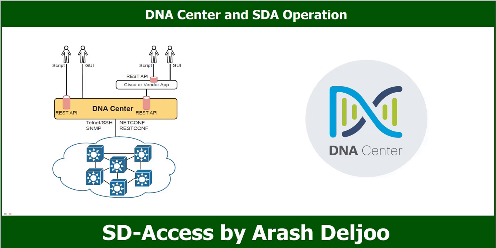Cisco DNA Center needs the older protocols to be able to support the vast array of older Cisco devices and OS versions. Over time, Cisco has been adding support for NETCONF and RESTCONF to their most current hardware and software.